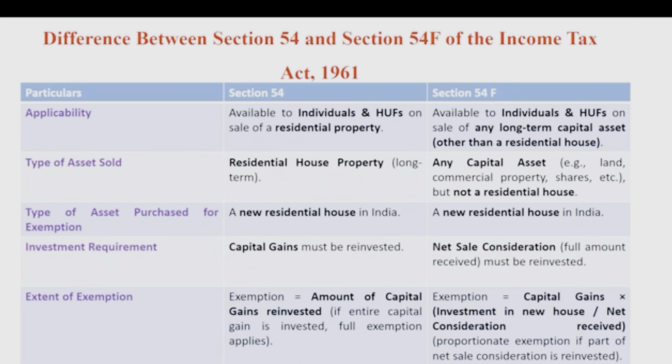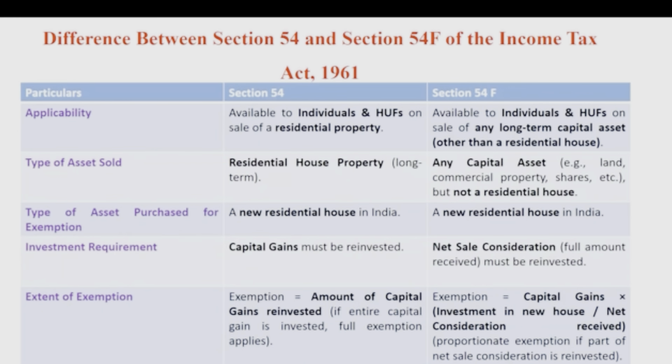Now coming to the investment requirement, which is the second important difference. For Section 54, the capital gains must be reinvested in a new residential house in India. Whereas in Section 54F, the entire sale consideration, not only the capital gain, must be reinvested in a new residential house in India.